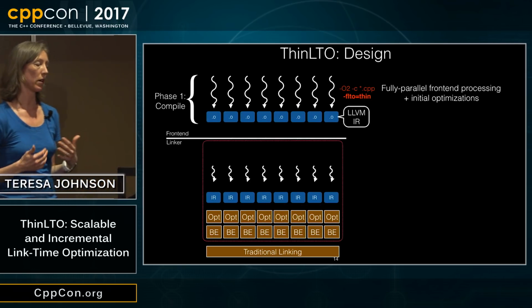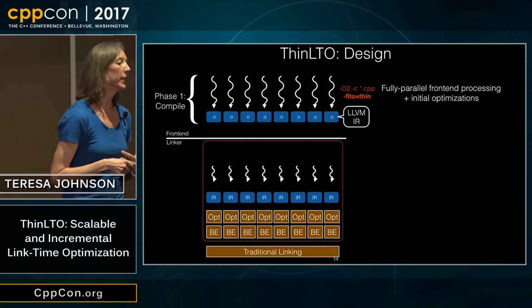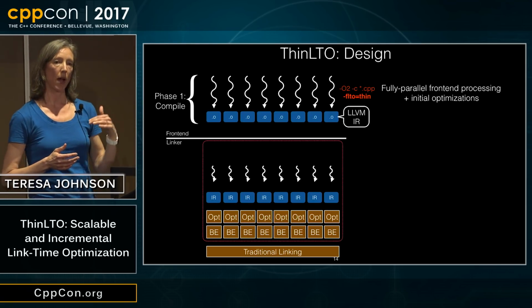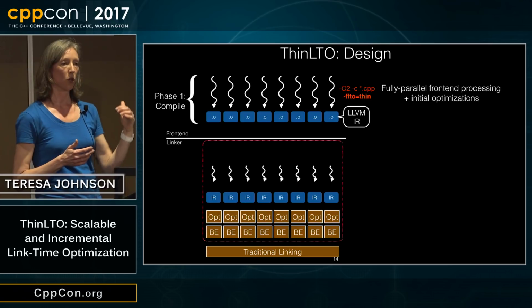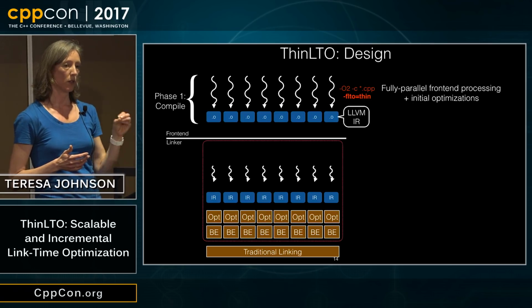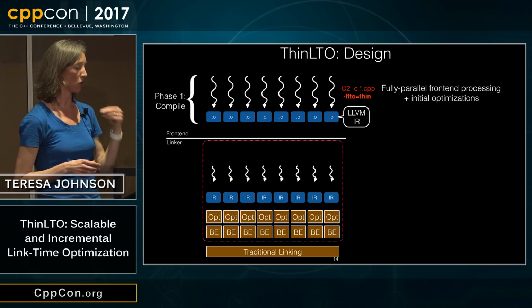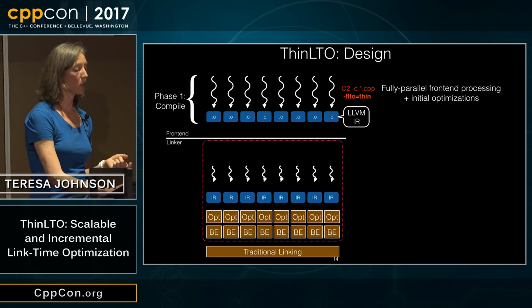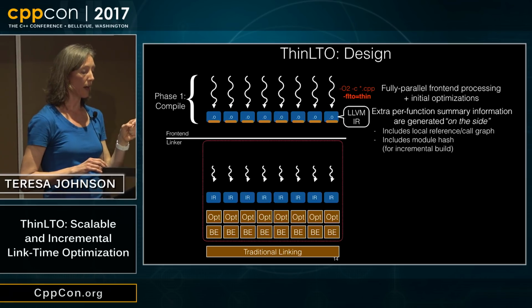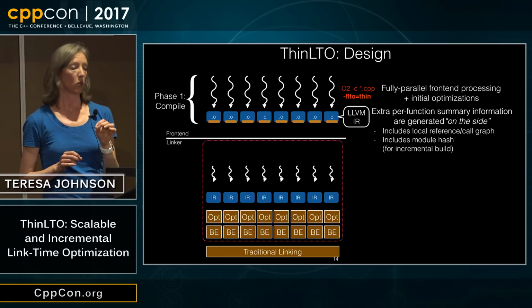All right, so let's talk now about how actually this works. So for ThinLTO, when you do the compile step, like regular LTO, you're generating data files that have IR. So same, you parse the file, you do some initial optimizations, you generate IR. But what we do for ThinLTO is we additionally generate on the side a small summary of each module.